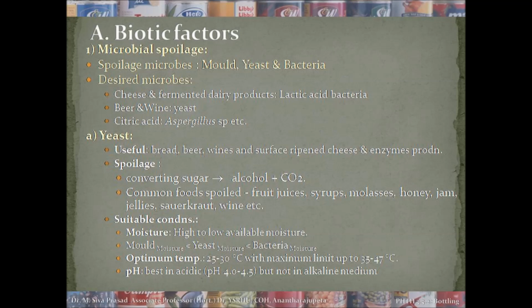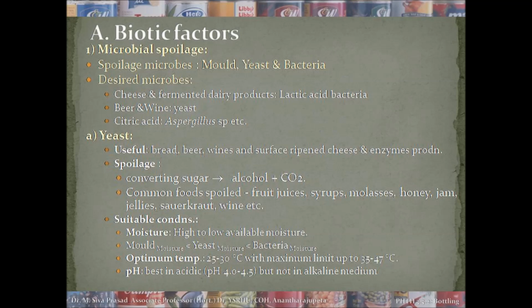So what are the conditions which are suitable for the growth of this yeast? Basically, the suitable conditions for this yeast are moisture, temperature, and pH. Whenever the moisture is high to low, those conditions make this yeast comfortable to grow.